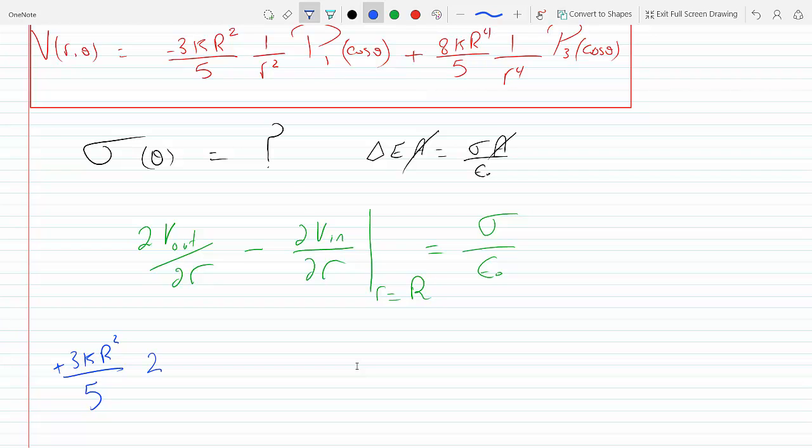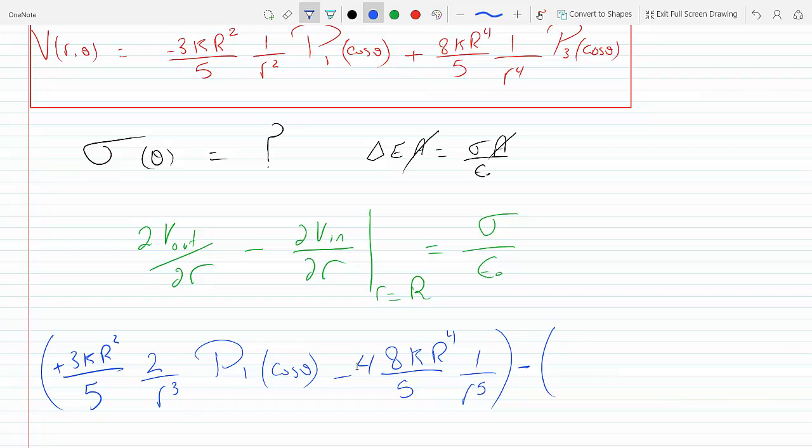Minus 2, so this becomes plus 2 over r cubed, P1 cosine theta, plus 8k r to the fourth over 5. For r to the fourth you multiply by, so this becomes a minus 4 here, 1 over r to the fifth. So this is dV out over dr.